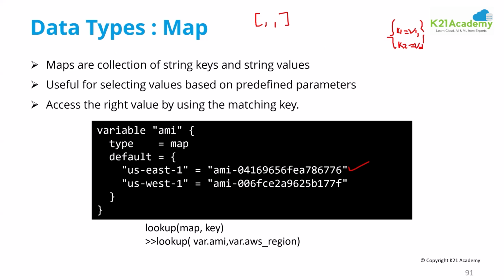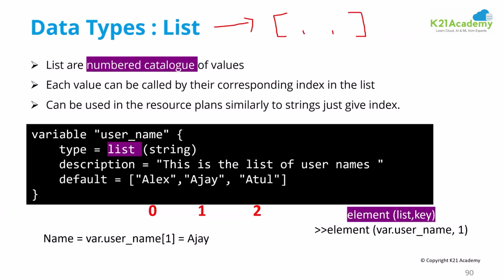Whenever you want to access the elements of a map, we access them using the keys. Whenever you want to access the elements of a list, we access them using the index number. I'm repeating again. When I say element, it can be any value.